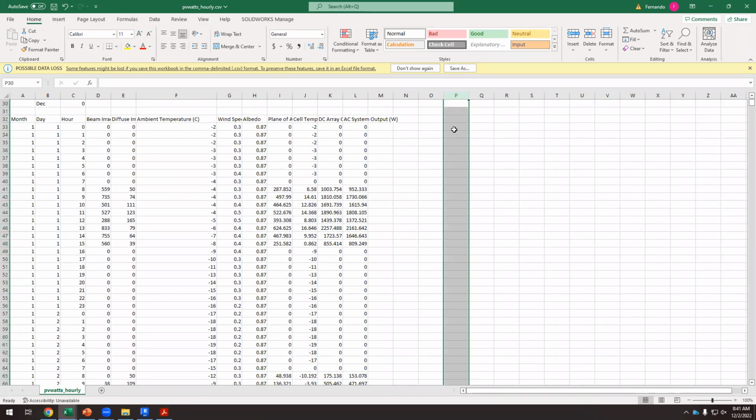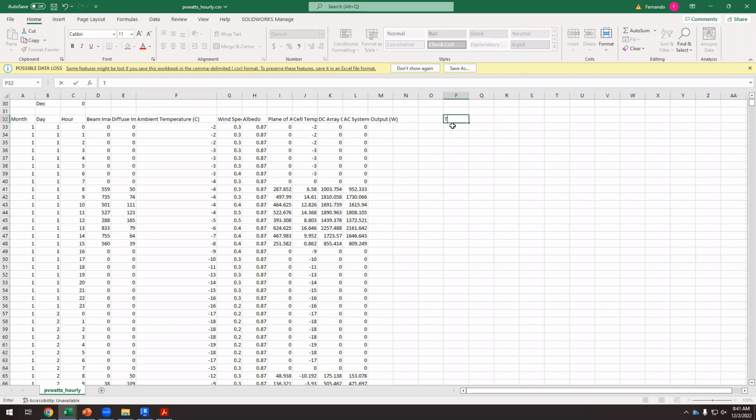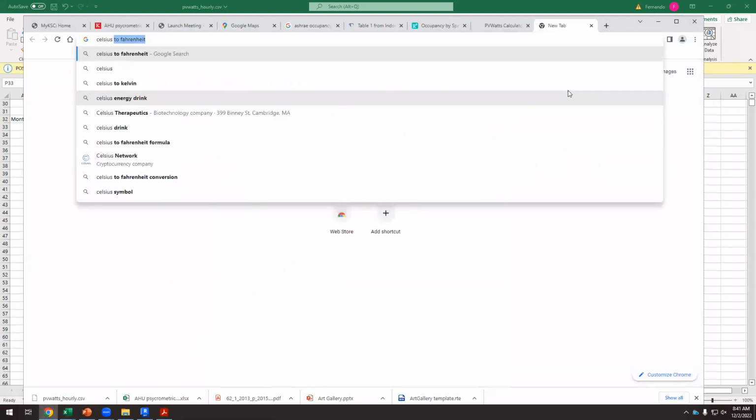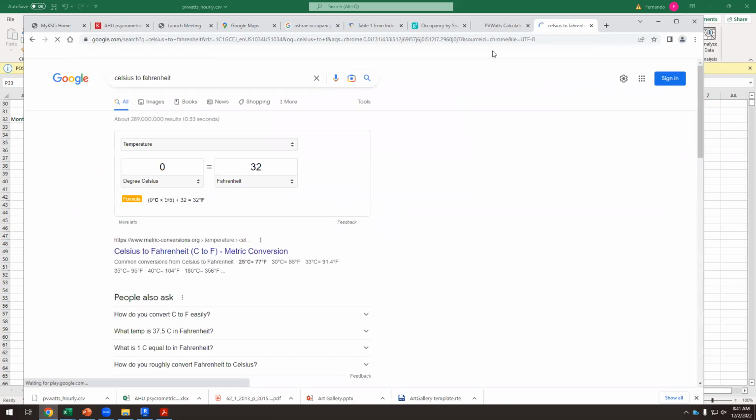What we have to do is to calculate the temperature in Fahrenheit. So what is the conversion between Celsius to Fahrenheit? The formula is Celsius times 9 divided by 5 plus 32.